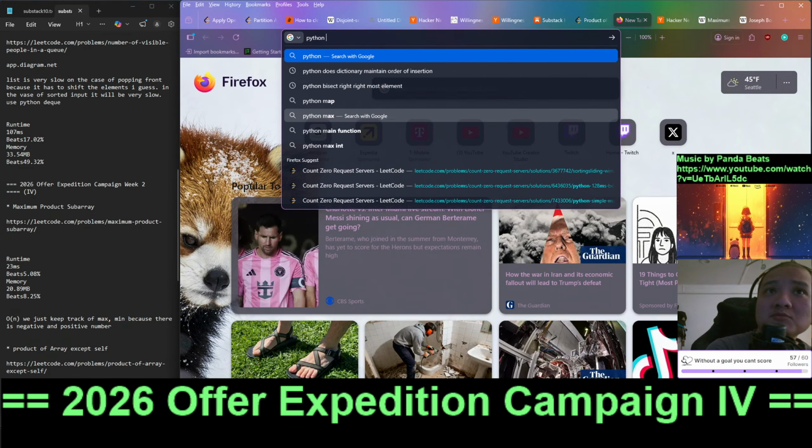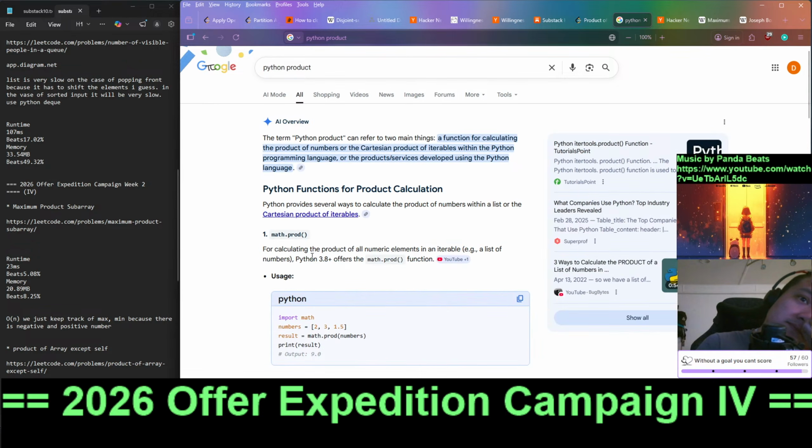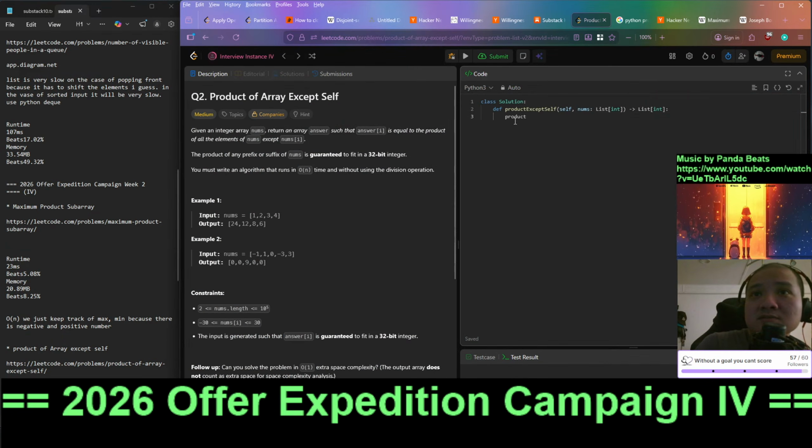Python prod. Can we call this prod function? So all_prod equals prod of nums, right? Then we just return all_prod divided by e for e in nums, right?